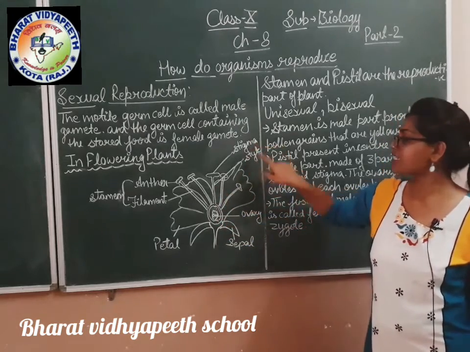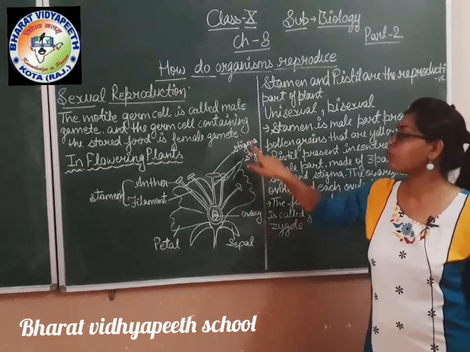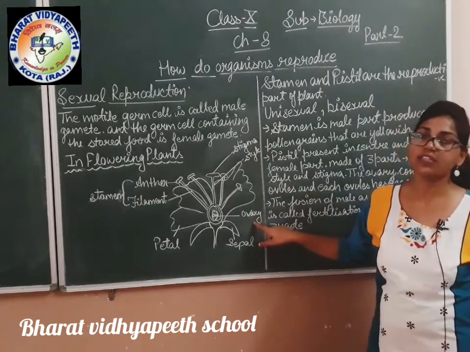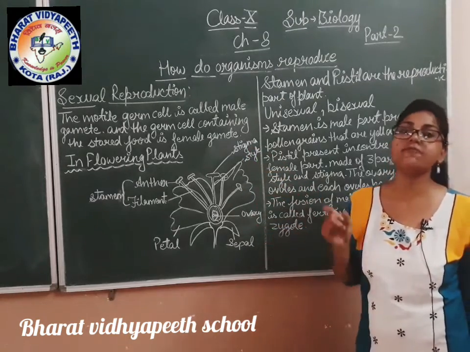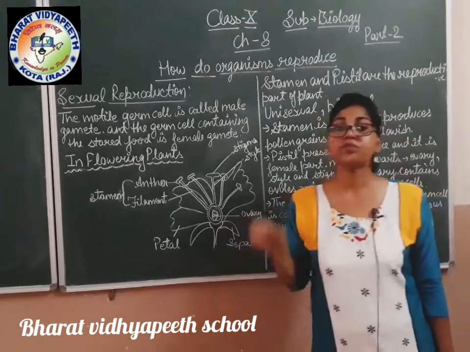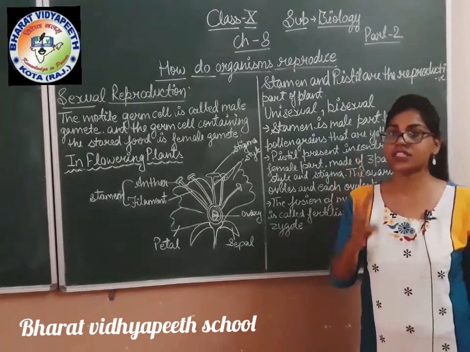These three parts, stigma, style and ovary, form the female reproductive part of the flower.